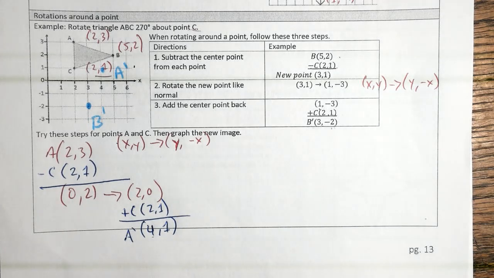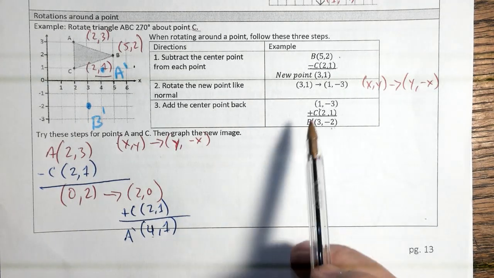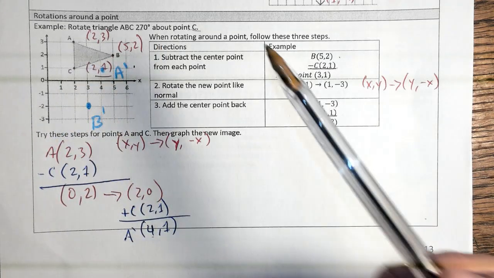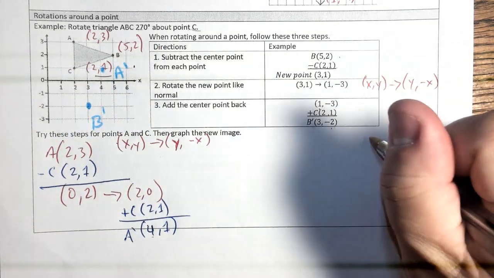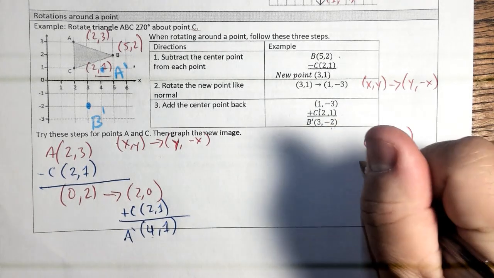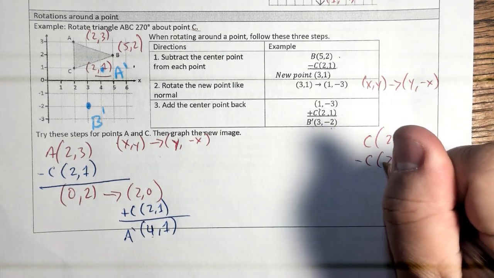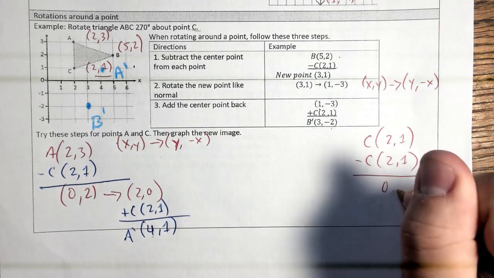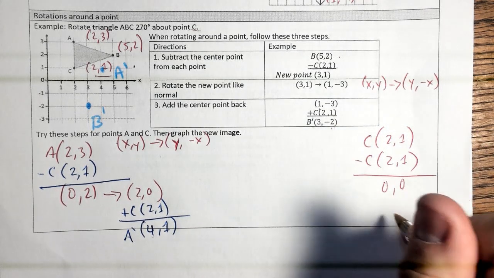Now, I already know this, but I'm going to show you guys this. If we're rotating on point C, C's not going to change. But let me show you why. So if we have point C at 2, 1, we subtract point C, that's 2, 1. 2 minus 2 is 0. 1 minus 1 is 0.